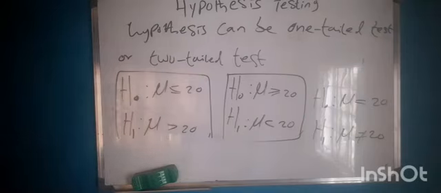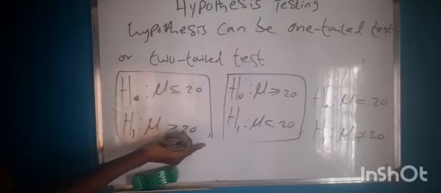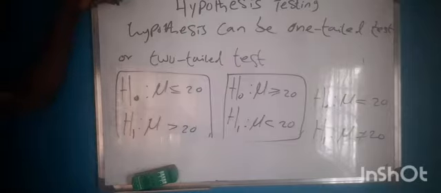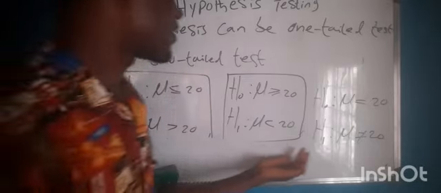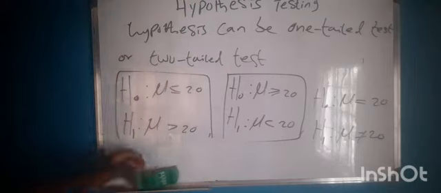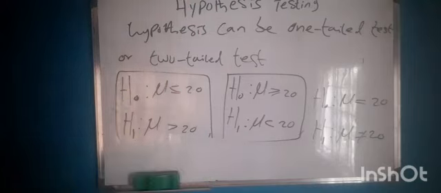That is, hypothesis testing helps to determine whether the observed differences are real or due to chance. That is why hypothesis testing is very important in research and in decision making.